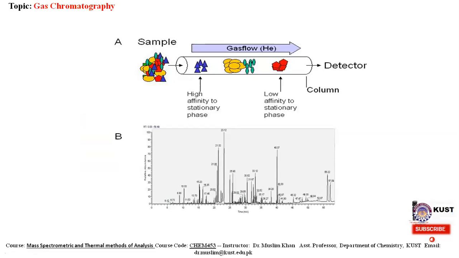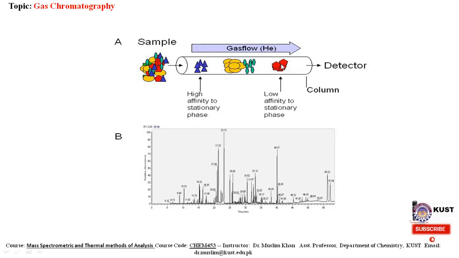So in summary, this is a sample having different components, represented here by blue, yellow, red, green colors, etc. When this sample along with the mobile phase, a gas flow like helium, flows through the column, some components like blue are retained more by the stationary phase, having more interaction, while some, like red, have very little interaction with the stationary phase.